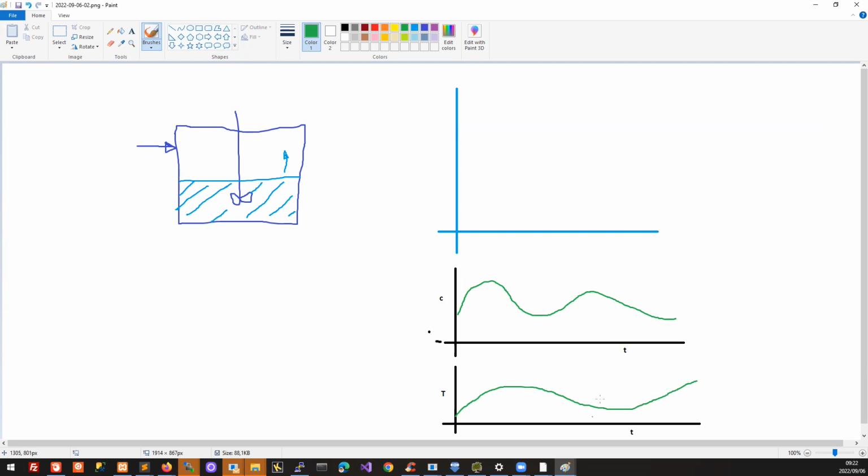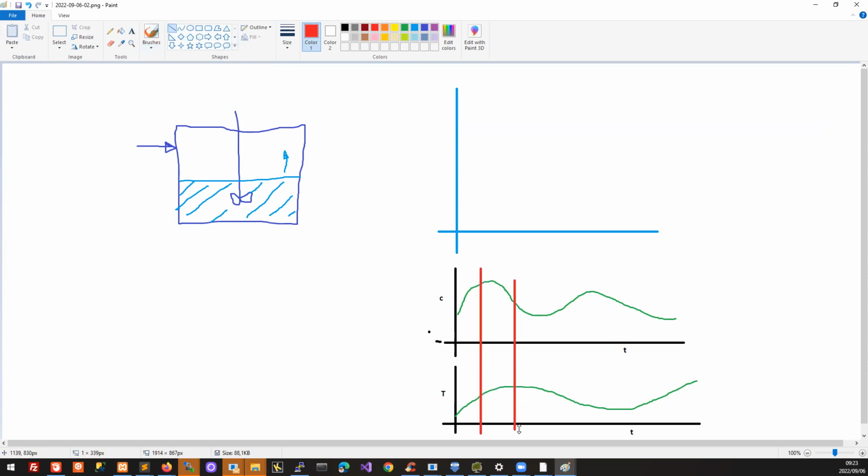And that's fine. We know we can simulate it and get such curves, but we aren't exactly seeing the relationship between concentration and temperature like this. So instead, what we do is take a series of instants in time.